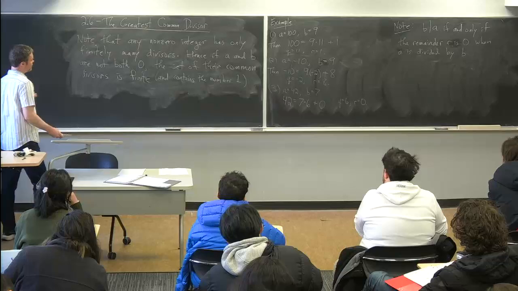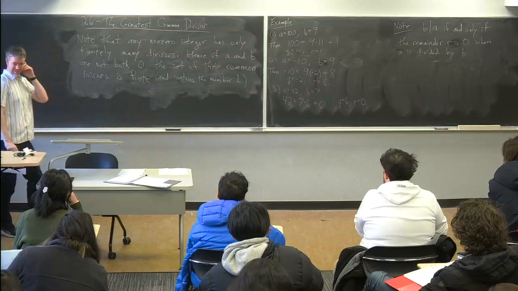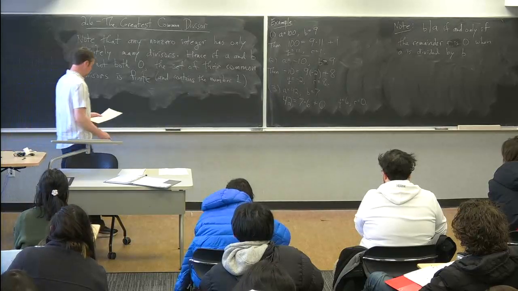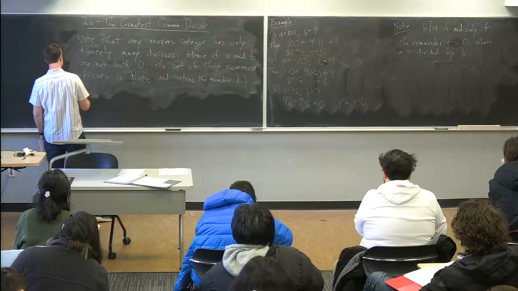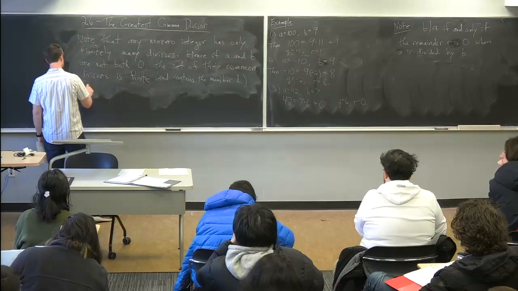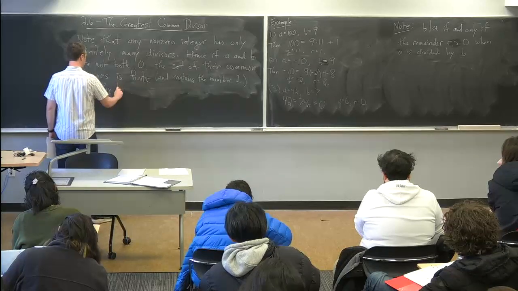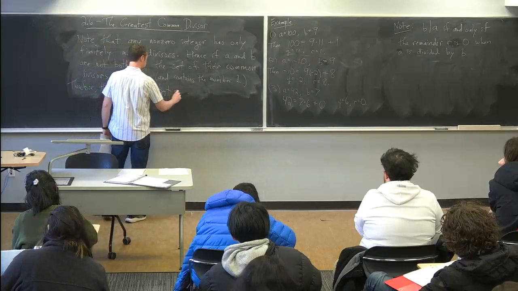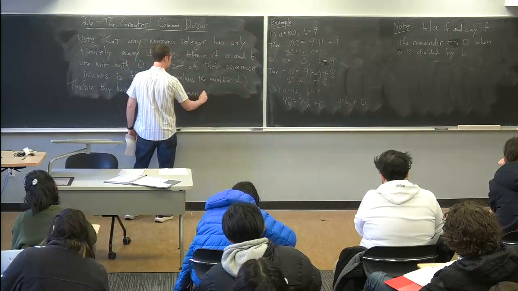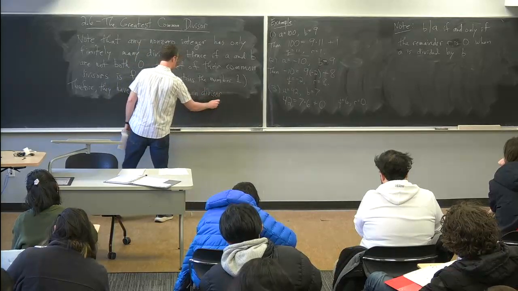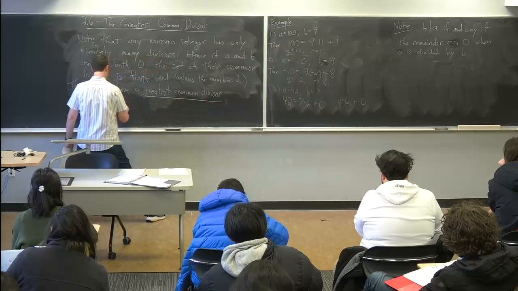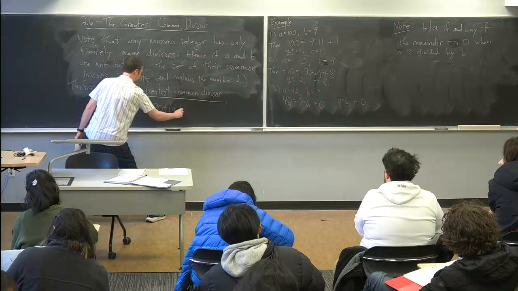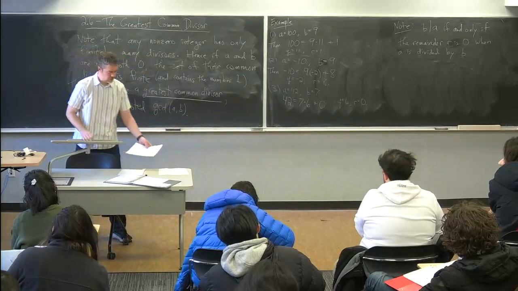So when you have a finite set of numbers, it has a biggest thing in it. So what this means is there is such a thing as a greatest common divisor. Therefore, they have a greatest common divisor, which we shall denote GCD(a, b), like that.